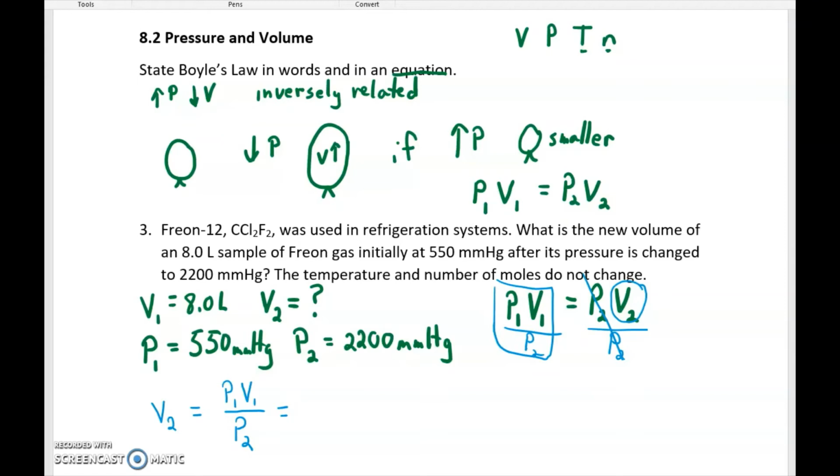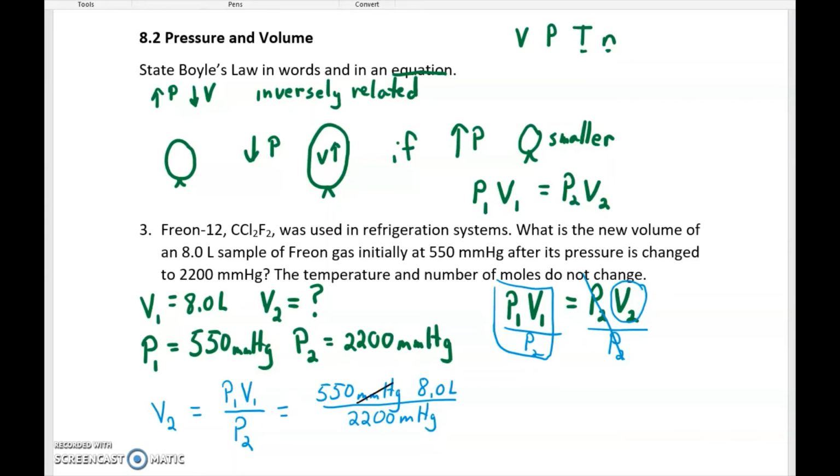P1 was 550 millimeters of mercury. V1 is 8.0 liters. And P2 is 2,200 millimeters of mercury. We want to check this and make sure that our units are going to cancel.